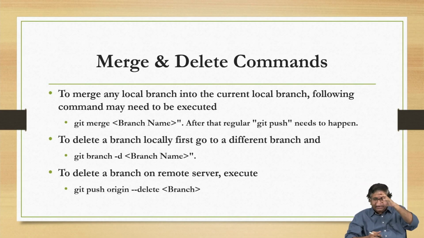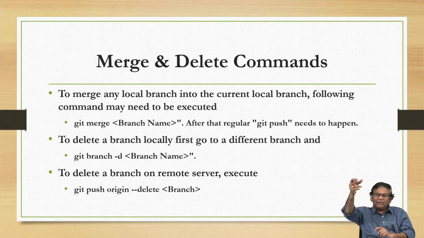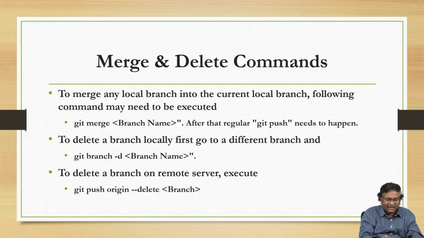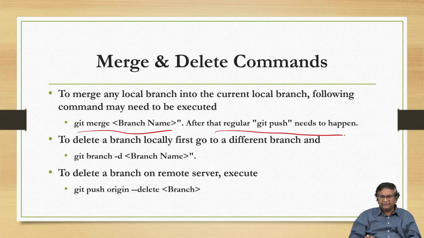Your local copy has the original file modified by you, but it doesn't contain what the other person modified. So you have to merge them. In that context, you call git merge and the branch name. This needs to happen before the regular push. So you merge that, right?